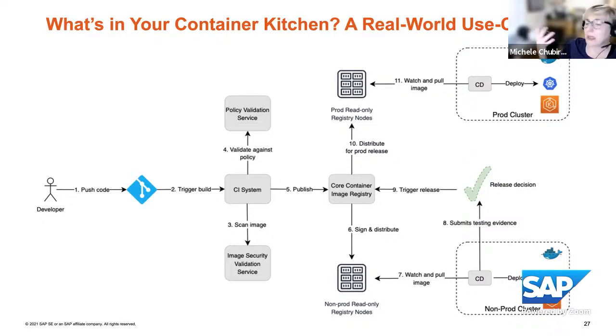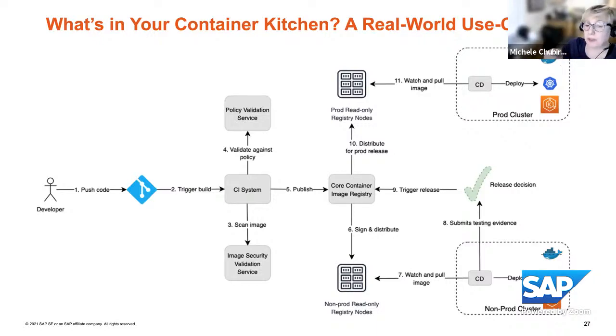Again, I'm just throwing out some examples of why you might want to perform some type of policy validation with a system like Open Policy Agent. I think Kyverno is another one, in addition to your security validation, right?